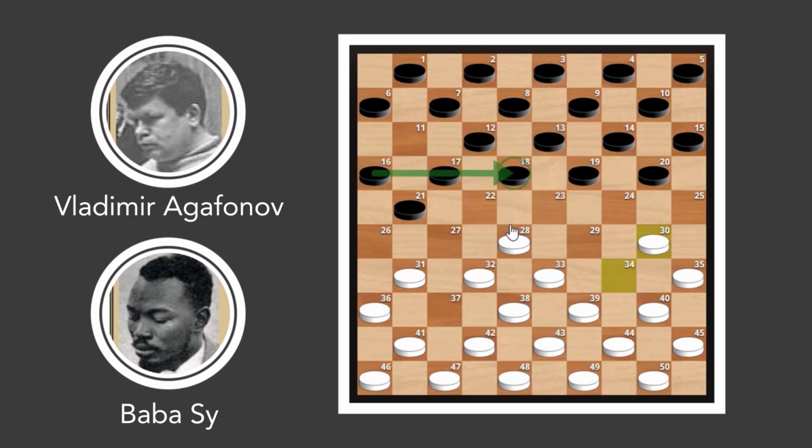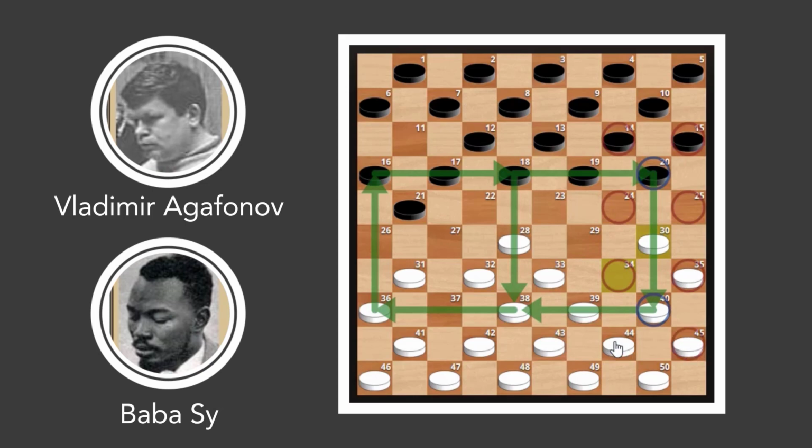If you draw the square, we see that the vertex at the square here has these 4 squares surrounding it, and that of 40 has 34, 35, 45, and then 44 surrounding it. So if you take square 30, you have control of these key squares over here. So Babasai decided to take this square.